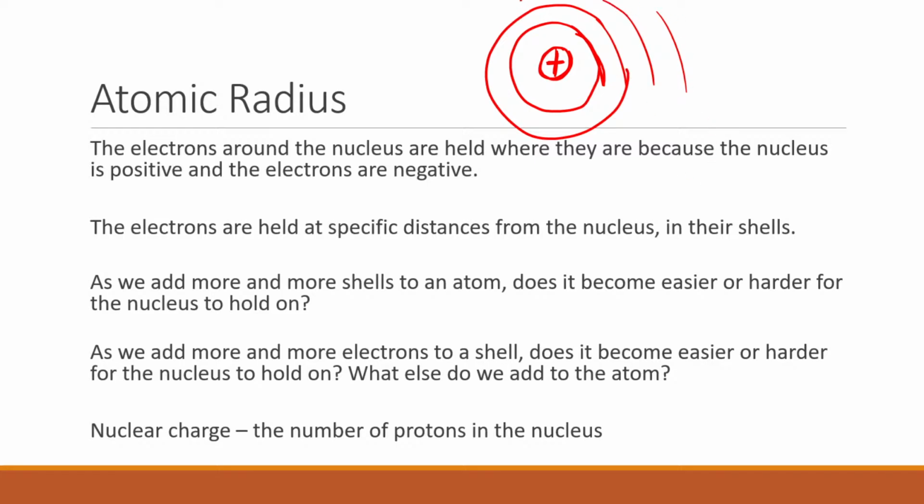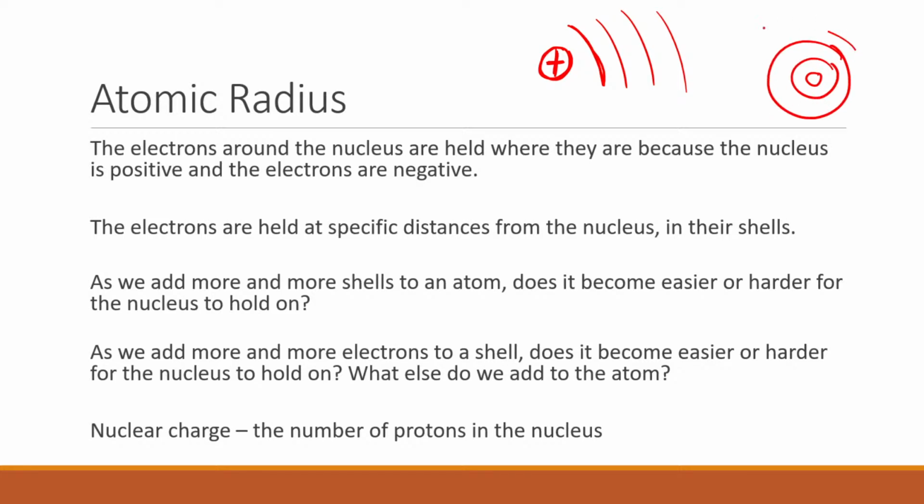I'm not great at drawing circles, but this is the idea that we're looking at. We know that each shell is bigger than the one that came before it because they are concentric circles, right? Smallest and bigger and bigger and bigger and bigger.